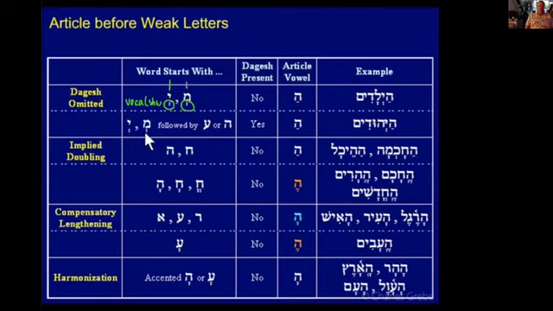Remember the coal mine letters? They lose their dagesh forte when they are with a vocal schwa.